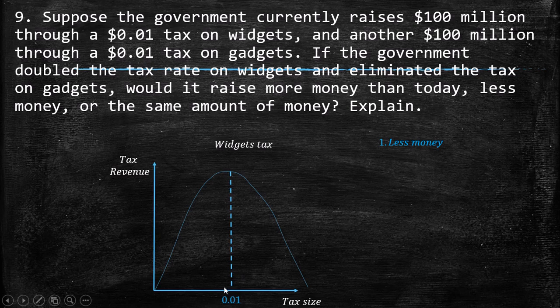We were at the point of maximum tax revenue given 0.01. So if there is a doubling of taxes, we will land over here. So there's going to be a larger tax, but the total revenue will be less. Then we have the second case, given the policy where there's no taxation on gadgets, they will receive the same.